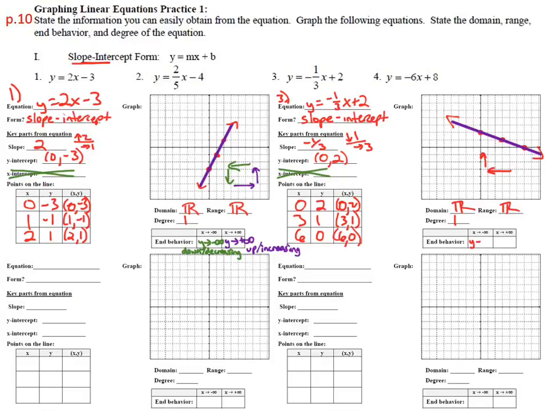They're going to positive infinity. So up or increasing. And then as our x values are getting bigger, then our y values are going down or decreasing. So y approaches negative infinity.